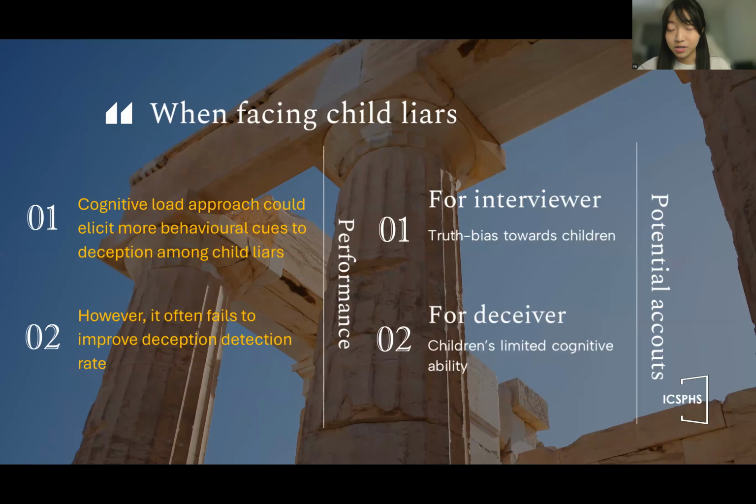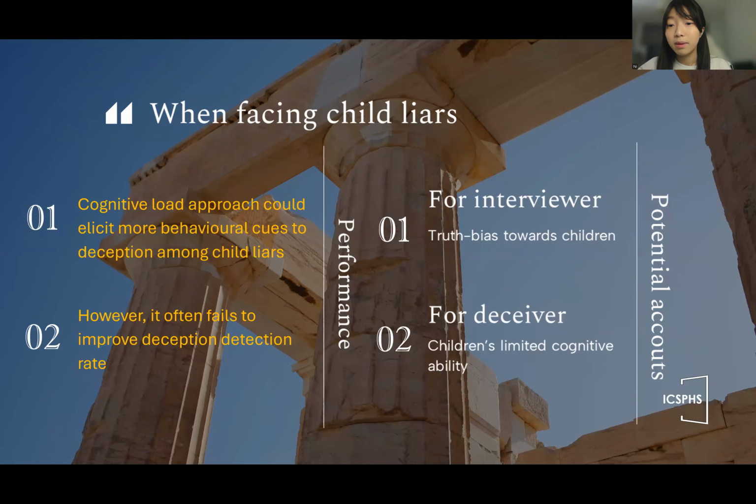Coming on to deception detection in children. When dealing with child liars, the cognitive load approach is less effective and often fails to improve deception detection accuracy, despite the fact that it could predict children's behavior as the theory suggests. Here, I provide some possible explanations for why this approach stands in theory but fails in practice. This includes a choice bias with children.